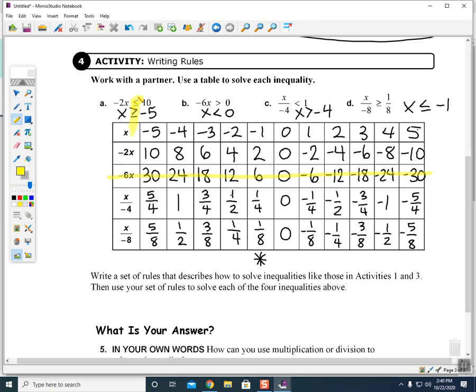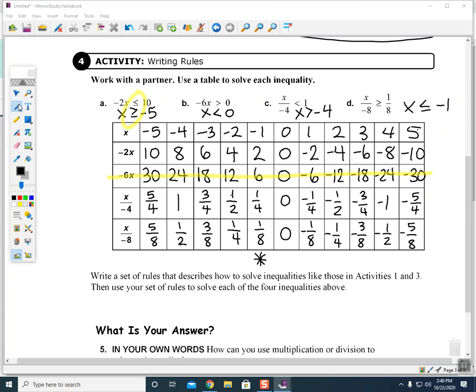I wanted to highlight it so you could see this. I start with a less than or equal to sign. My solution has a greater than or equal to sign. If I look at letter B, -6x is greater than 0. Well, my solution is that x is less than 0.